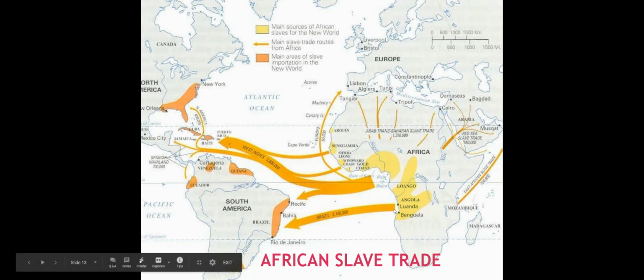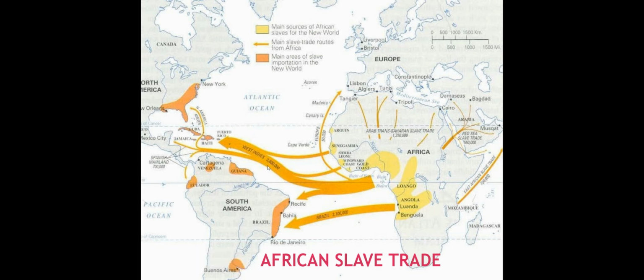Some of these numbers, I never knew the extent of until I actually started teaching this class. The number of African slaves sent to South America, looking at Brazil, 2.1 million. To the West Indies, 3.8 million. North America, 400,000. Europe, 50,000.